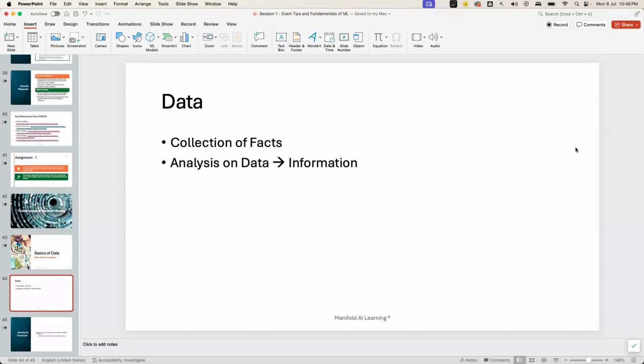That average value will now tell me the information about the 10 days weather, that is the 10 days temperature. So whenever I do the analysis on the data, we call it information received from that data. That's the basic idea about data and information.